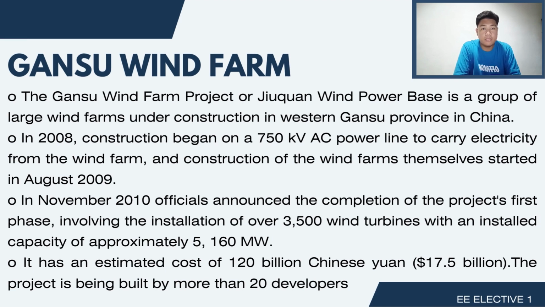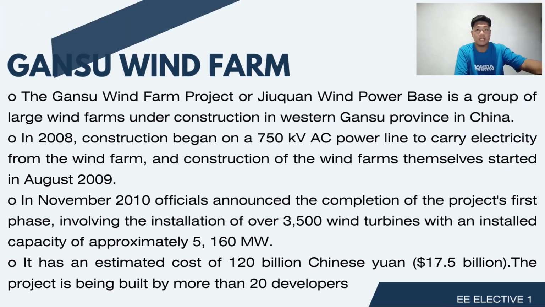In November 2010, officials announced the completion of the project's first phase, involving the installation of over 3,500 wind turbines with an installed capacity of approximately 5,160 megawatts.